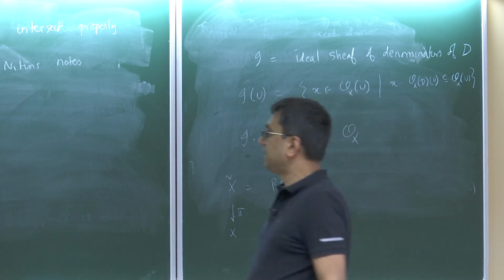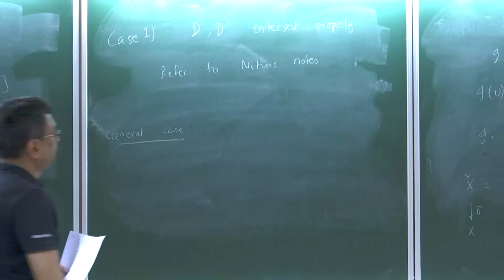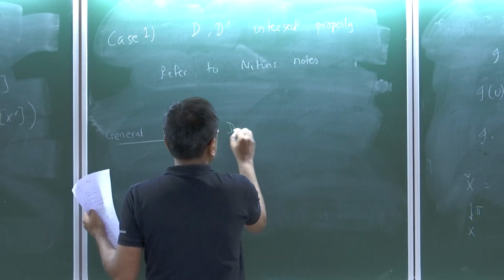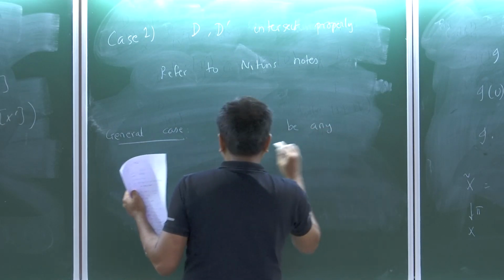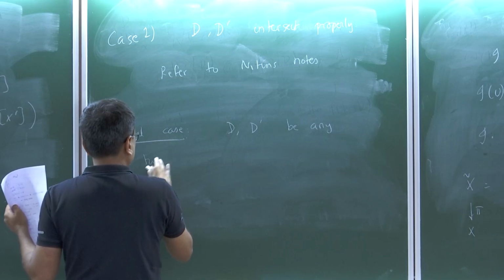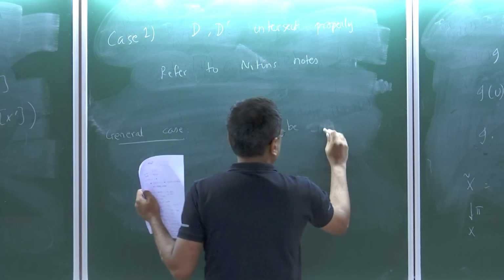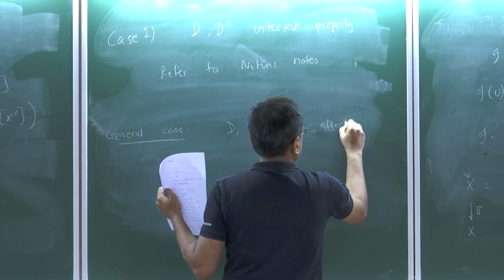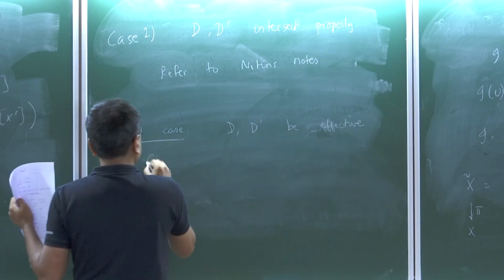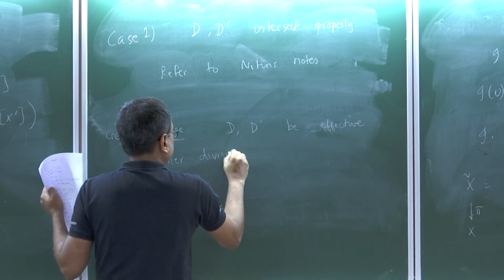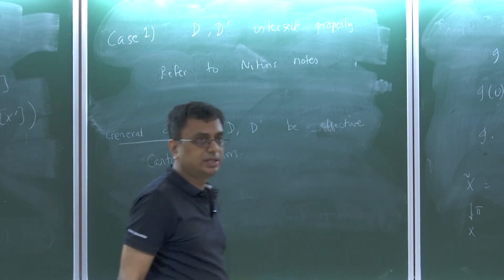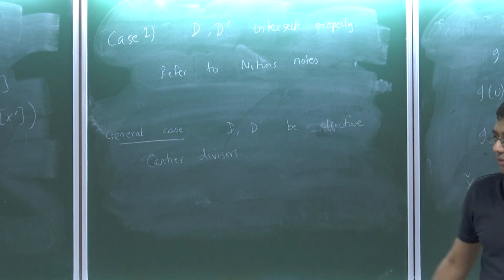So that is the case that we want to handle. Now let D and D prime be effective Cartier divisors.